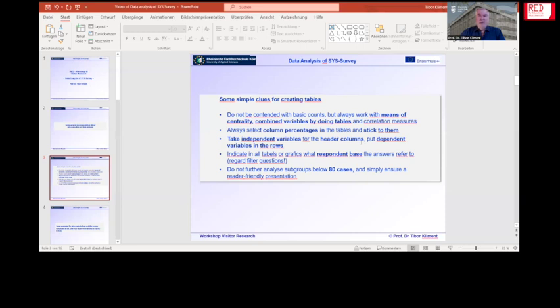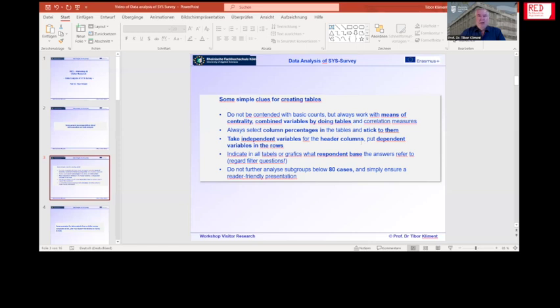For instance, you are looking at two variables at the same time, which is, for instance, the relationship between age and number of visits.